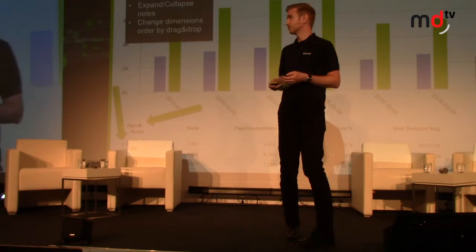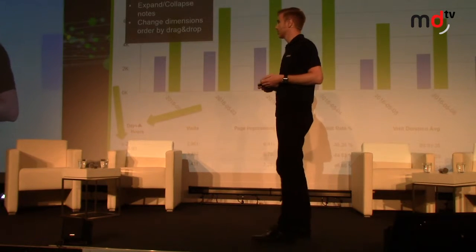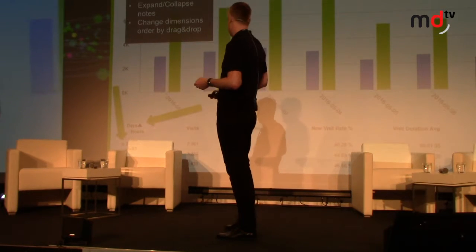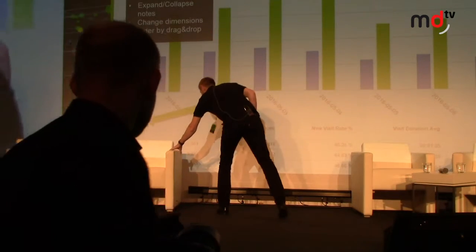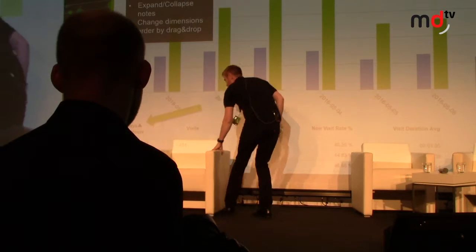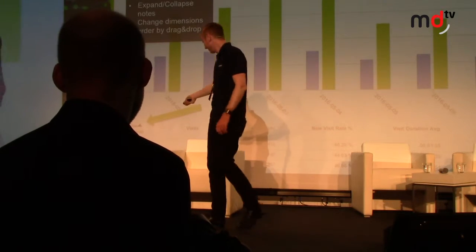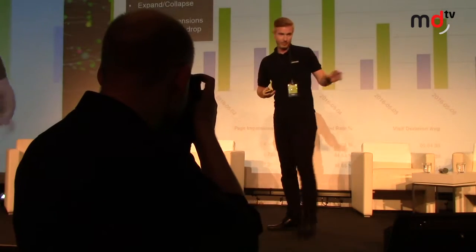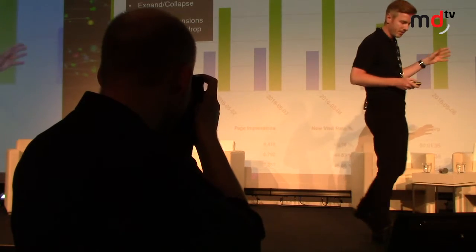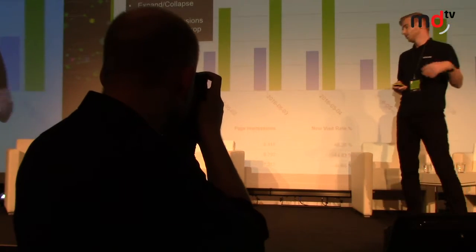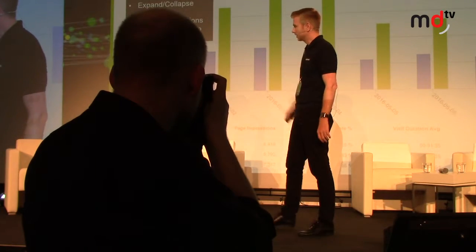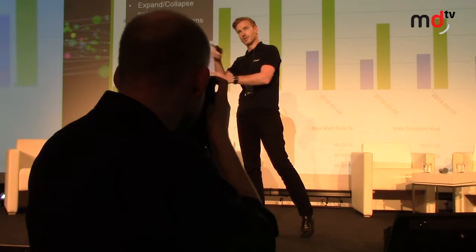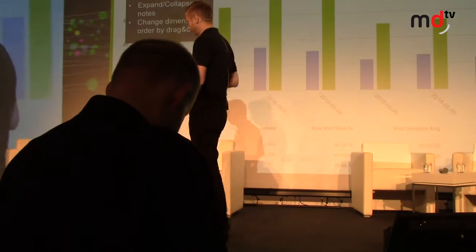Pivot tables within reports are 100% dynamic. So let me help you a little bit. Here, you can expand every pivot node, you can collapse them, and you can change via drag and drop the dimension order within the report.